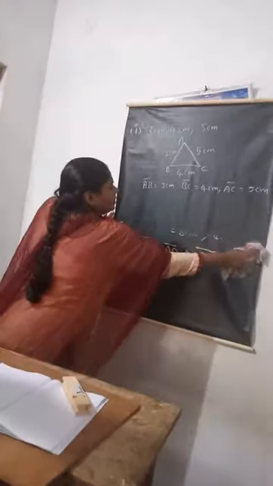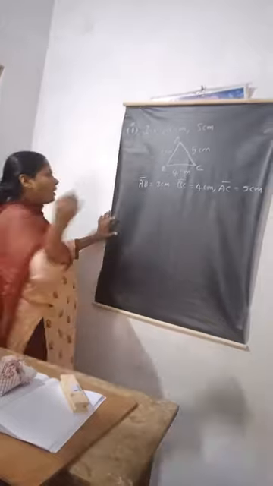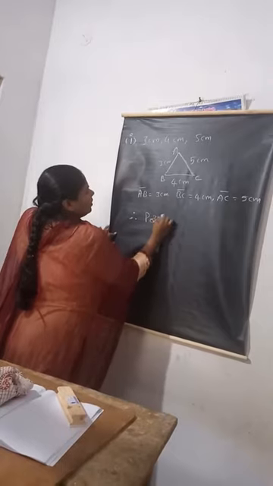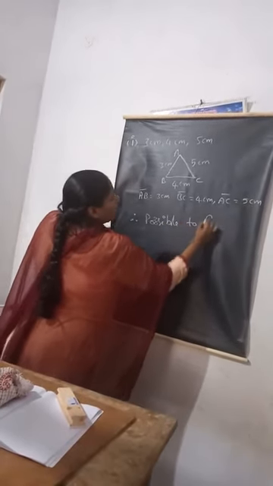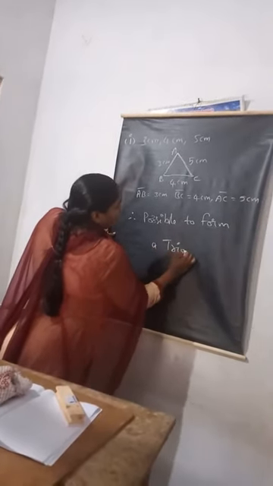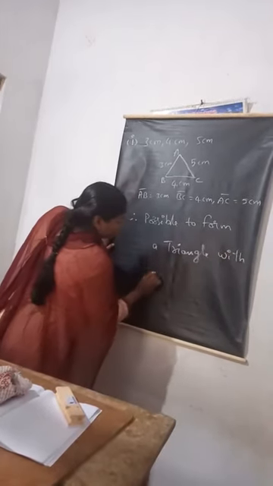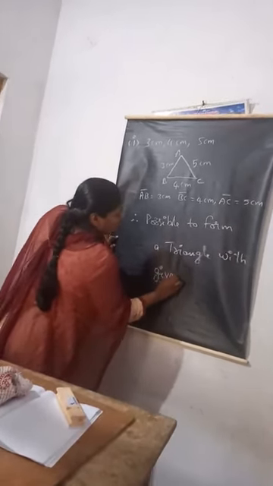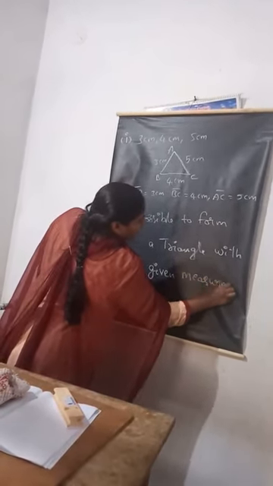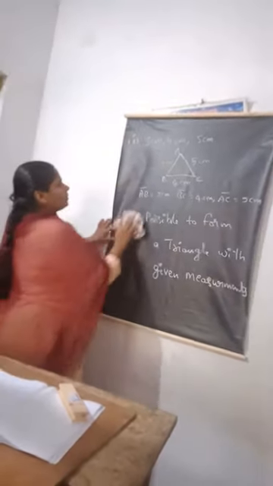Therefore, it is possible to form a triangle with the given measurements. All of you understand? Next we do another problem.